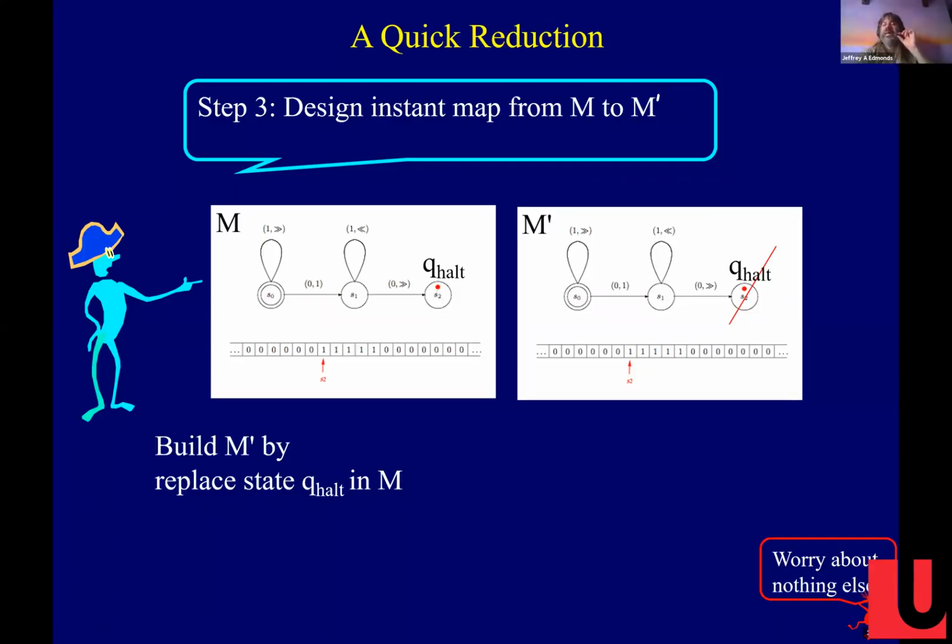What's our question about M? Our question about M is, does it halt? That's what we want to know about M. So what we want to know about M is, does it ever get to the halt state? What does the oracle tell us about M prime? Anybody remember? What was our problem?